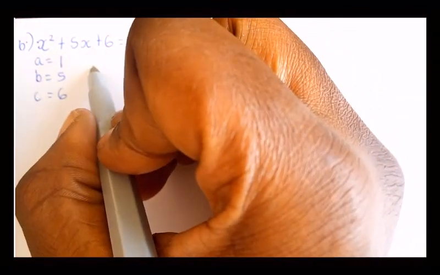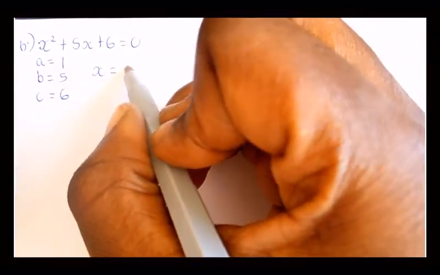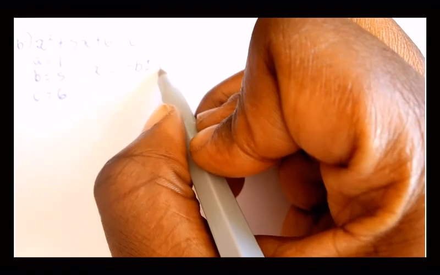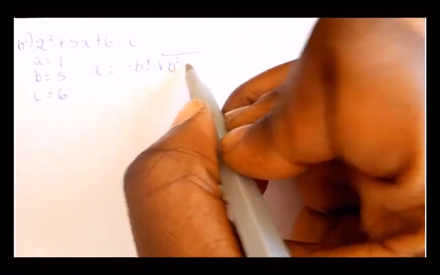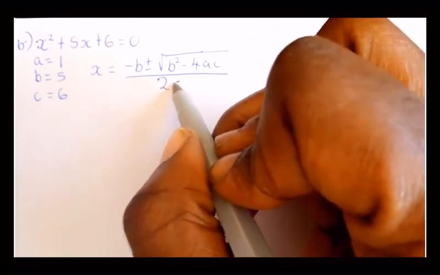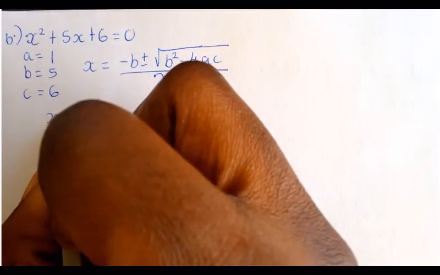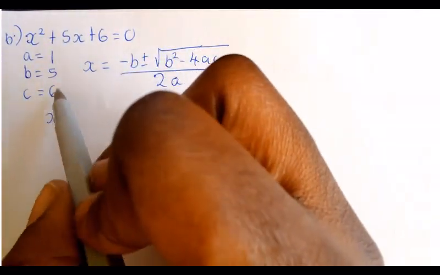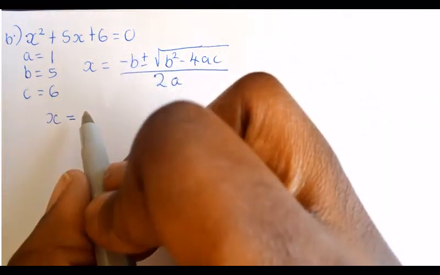And we know that the quadratic formula says x is equal to minus b plus or minus the square root of b squared minus 4ac all over 2a. So in this, we substitute 1, 5, and 6 for a, b, and c respectively.